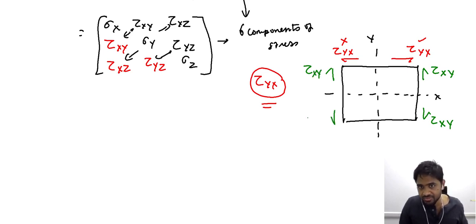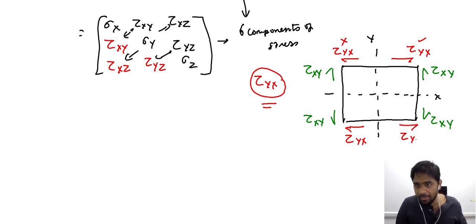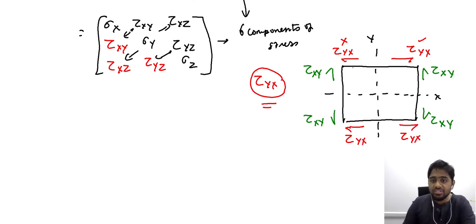This shear stress here is acting on the x plane along the x direction, and this shear stress is acting on the y plane along the x direction. So essentially we have 8 different components of shear stresses included in this stress square representation. Now let us consider each of these stresses individually.